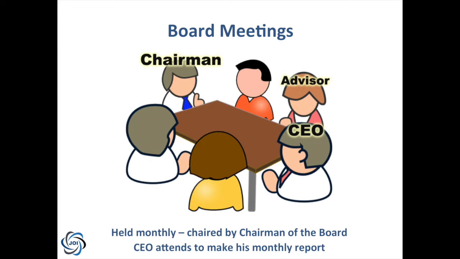As a director, you ought to hold board meetings once a month, and this is to make sure that you're on track. Here you sit and you ask yourselves questions, because you could in fact be playing two roles. You could be attending as the CEO, but you need to be a board member to actually hold the CEO to account. Now, if you're not used to board meetings, it's very useful to have an external advisor on your board.